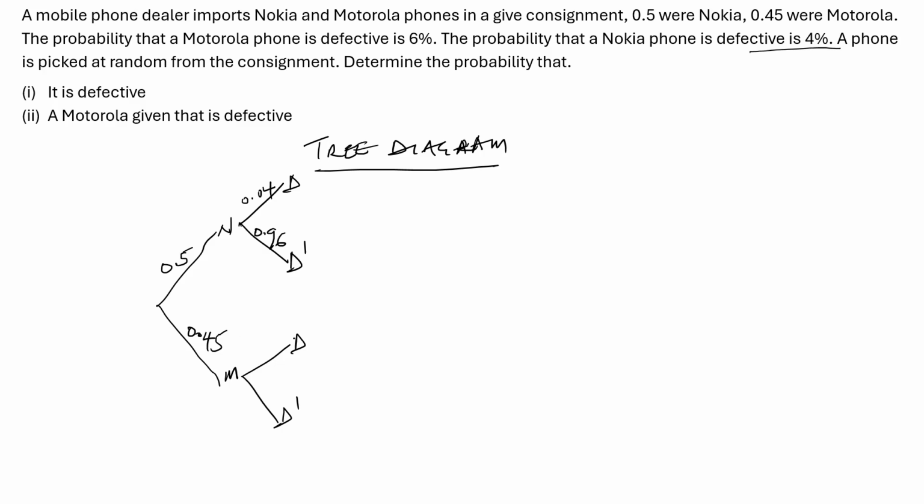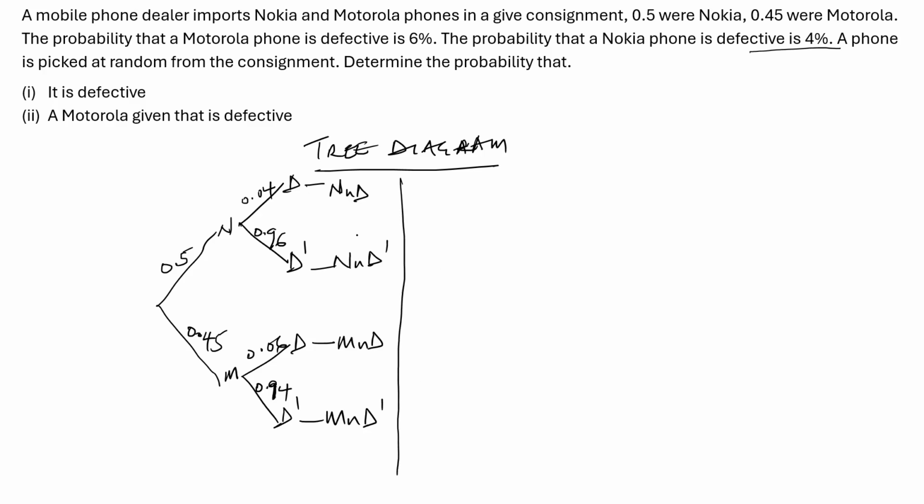Then in the question, for defective given Motorola is 6%. So this is 0.06. Then the balance for not being defective would be 1 minus 0.06, giving us 0.94. So this line will be N intersection D. This is N intersection D prime. This is M intersection D. This is M intersection D prime.